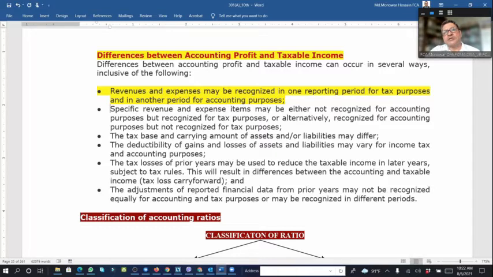So as per the accounting policy, 10% would be the depreciation, because after 10 years the machine is no more usable. But if we see our third schedule, it may be 20% or 5%. So that rate would be different.